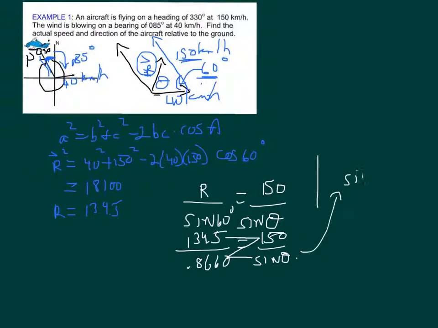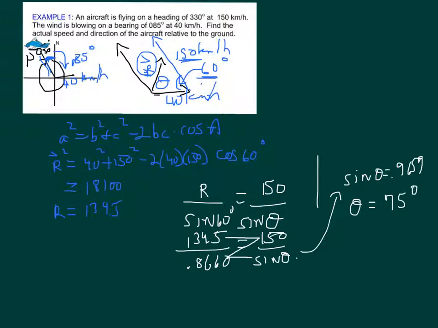So sine theta, rounded to 4 decimal places, is 0.9657. Using your inverse sine function on the calculator, we find out that the angle is approximately 75 degrees.